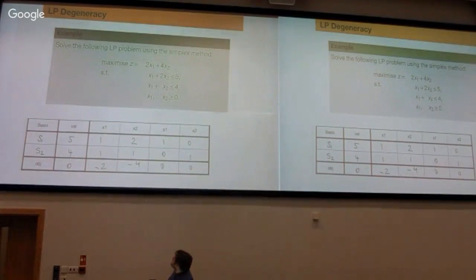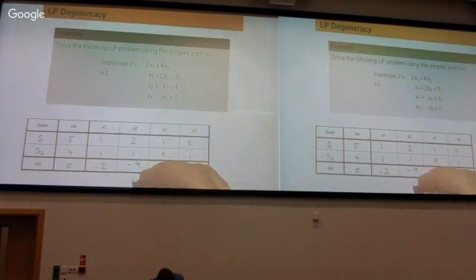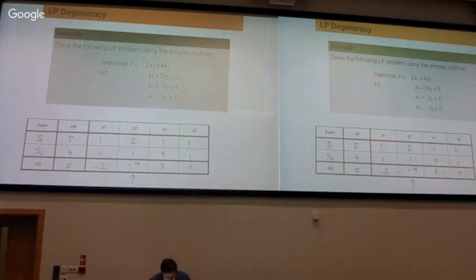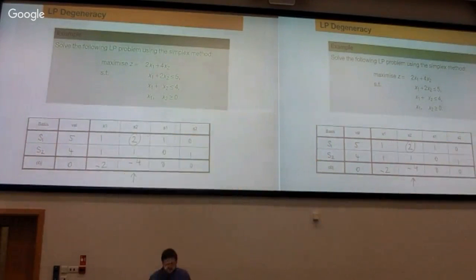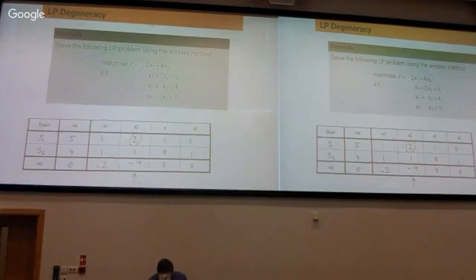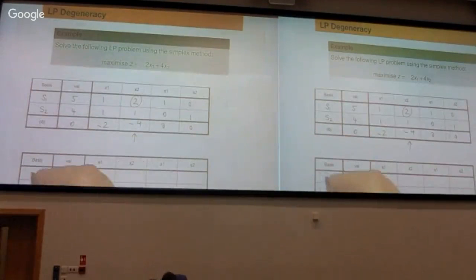Okay, this is the first tableau. You should pivot here because 2.5 is less than 4. So x2 replaces s1. This row is divided by 2. This row is reduced.